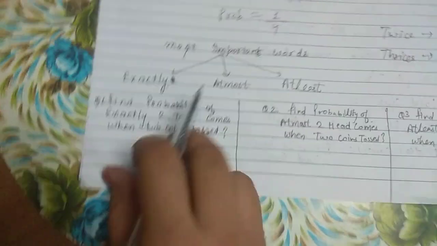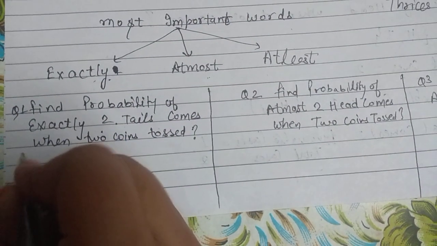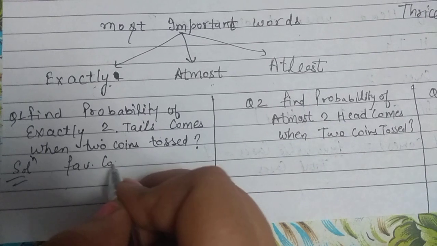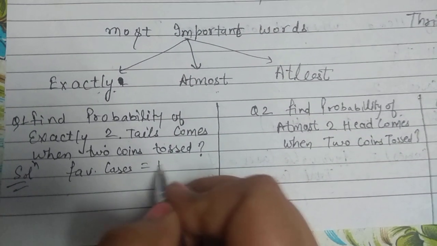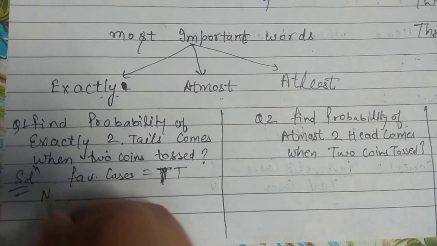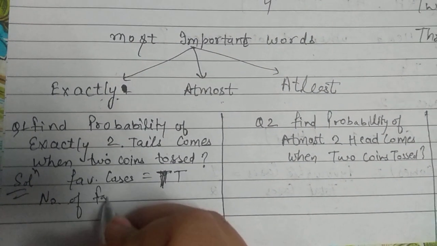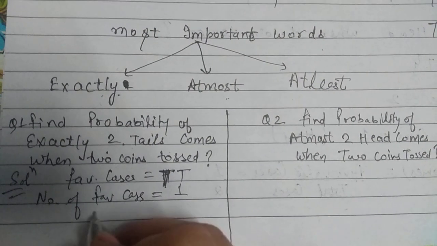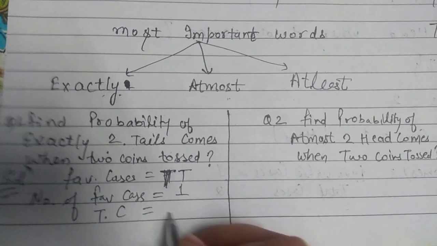So in the solution we first write the favorable case, which is tail tail. So the number of favorable cases is 1. As we know, total cases are 4.